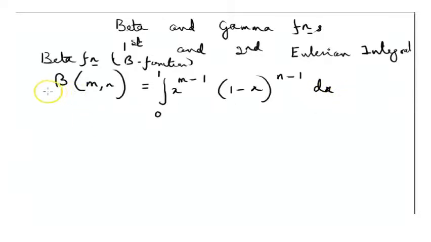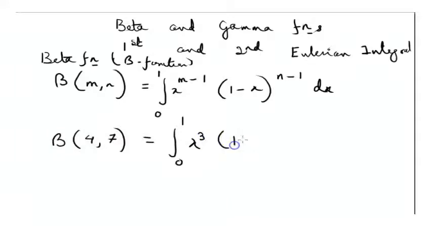So what will be beta, suppose, 4, 7? This will be the integral from 0 to 1 of x to the power 4 minus 1, that is x cube, into 1 minus x the whole to the power, the second one, n, that is 7 minus 1, 6, dx.